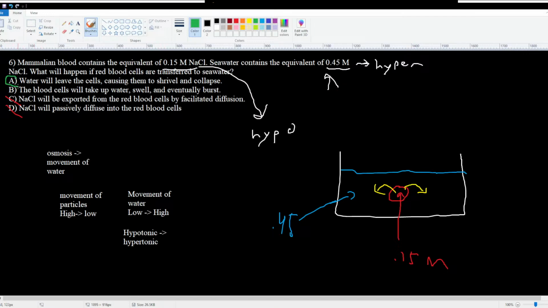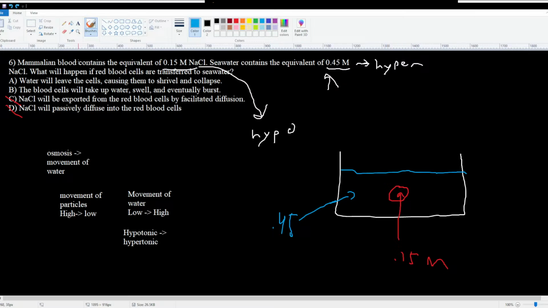So that leaves answer A. Water will leave the cell and cause it to shrivel and collapse. Now, if it was the opposite case, if the blood cell was hypertonic, then water would move inside, causing the cell to burst. So that's all tonicity. That's all like concentration, movement of water, osmosis.